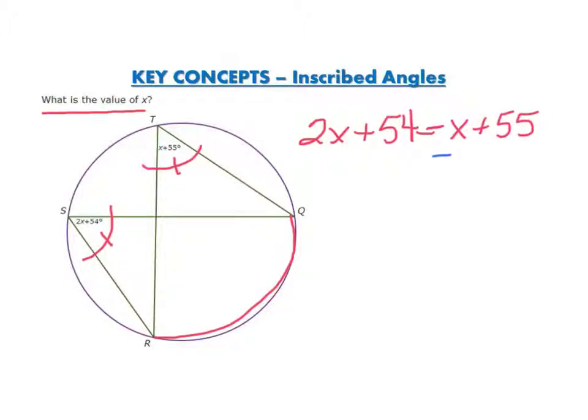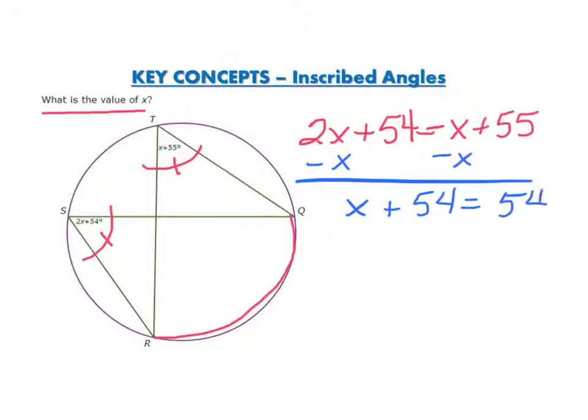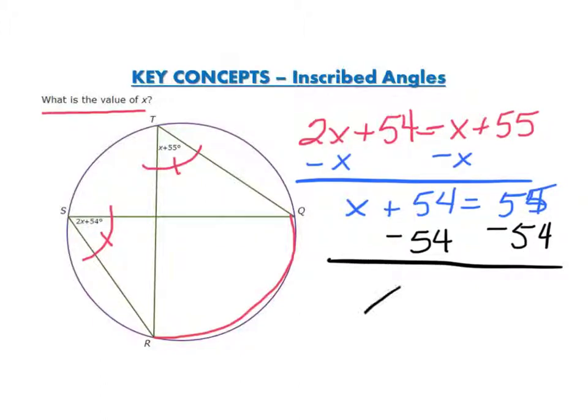I subtract x from both sides. I have x plus 54 equals 55. I subtract 54 from both sides. I'm sorry, I wrote 54. That should be 55. I subtract 54 from both sides, and x equals 1.